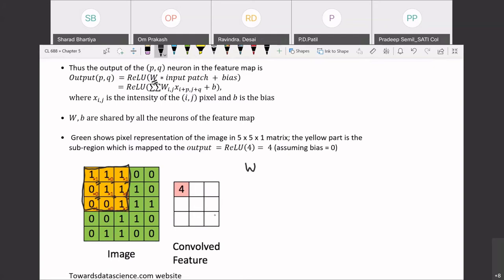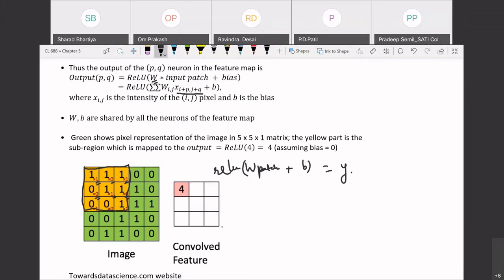That patch is over here. So I'll just call it patch, plus the bias term B. And that you ReLU. This is the output of that neuron, or the convolutional neuron.